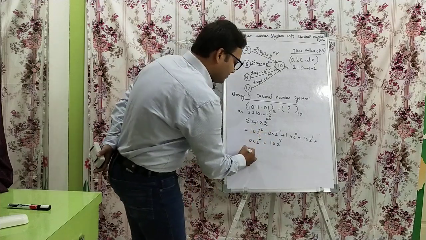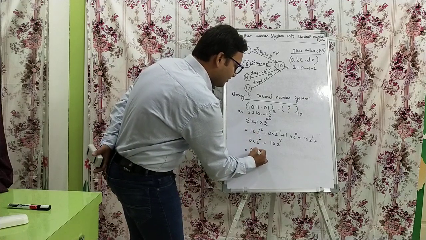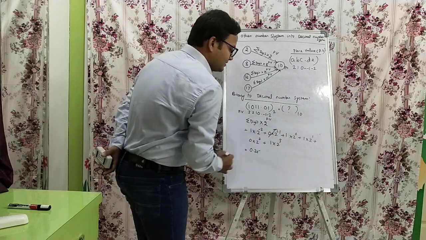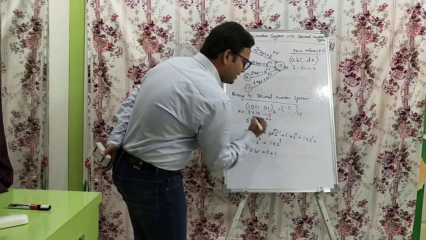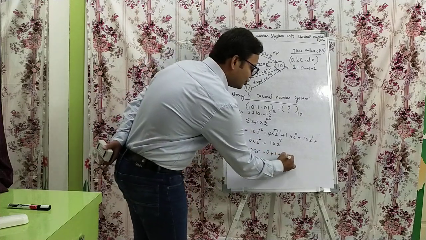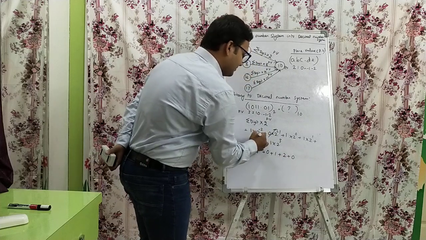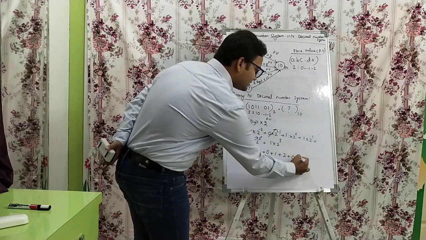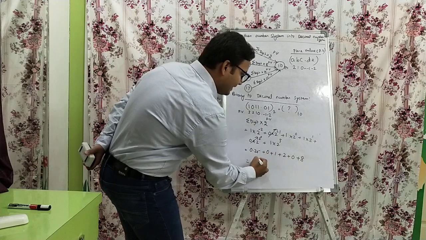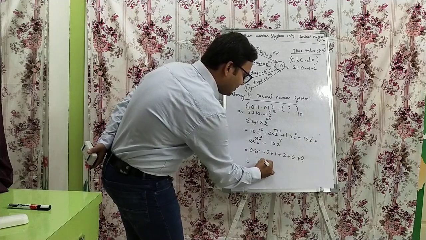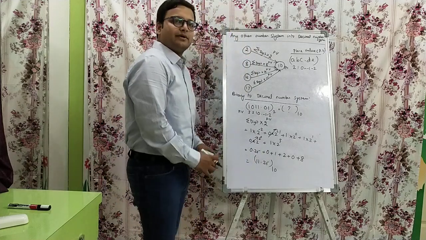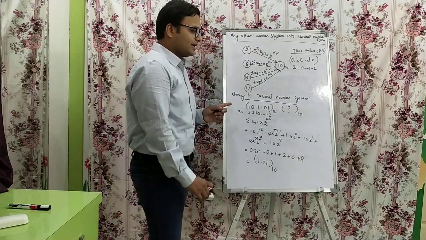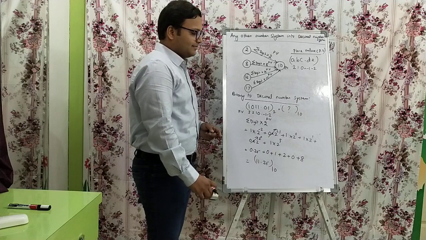So this is 1 by 4, 0.25, anything multiplied with 0 is 0, plus 1, plus 2, plus 0, next 8. So this will be 11.25. This is the way we can convert binary number into the decimal number.